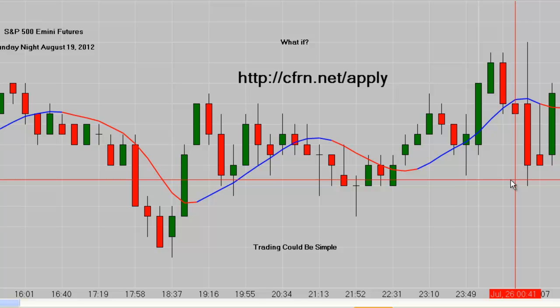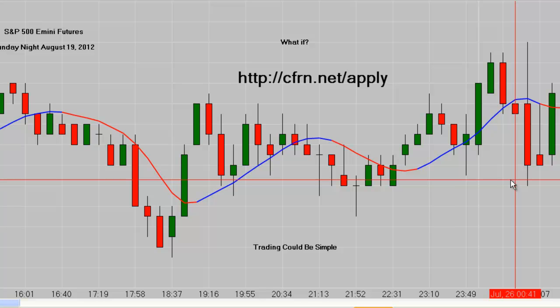But the basic concept of the indicator is this. If the MA1 is red, we anticipate lower prices. If the MA1 is blue, we anticipate higher prices. Red, lower prices. Blue, higher prices. Okay, let me layer one more thing on that.